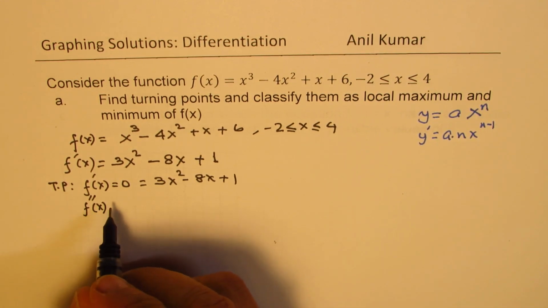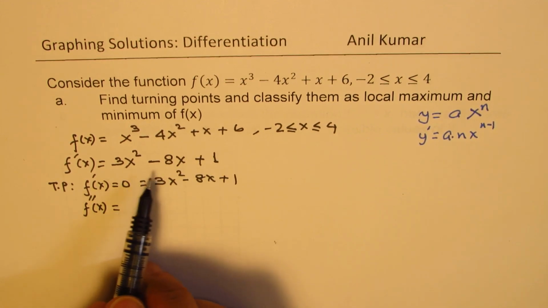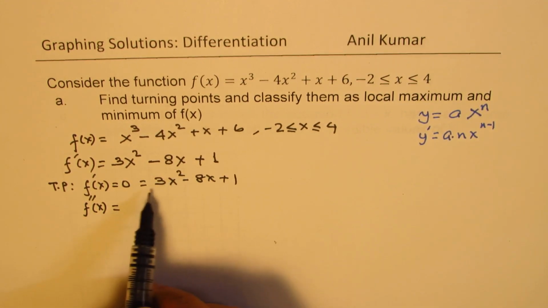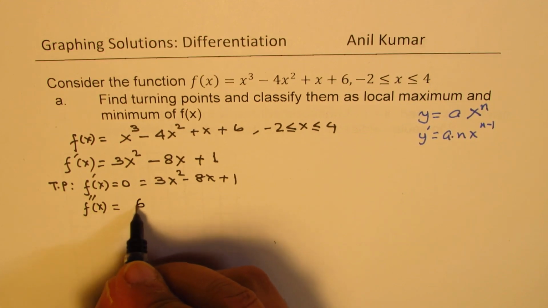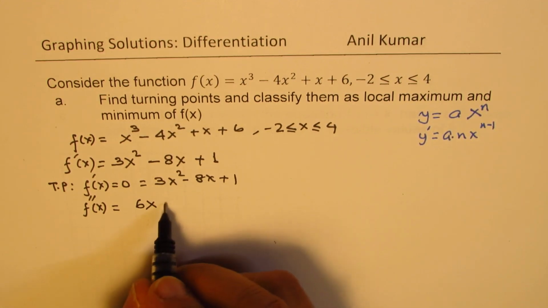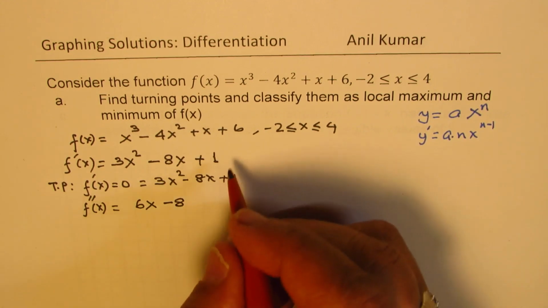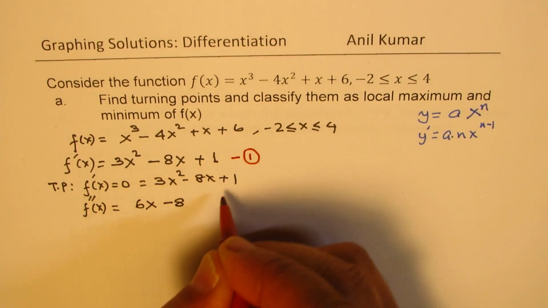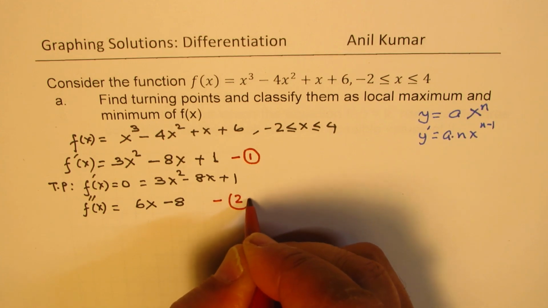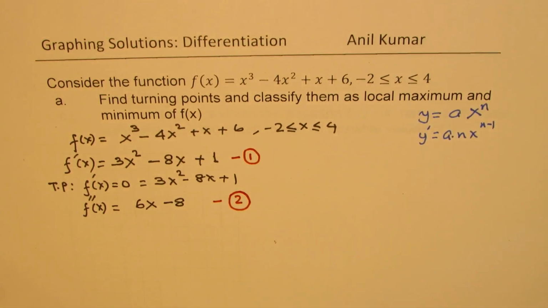Second derivative is the derivative of the first derivative. So 3 times 2 is 6, we get 6x. And the derivative here is minus 8. So that is the second derivative. Let me give equation numbers to these since we are going to analyze them.